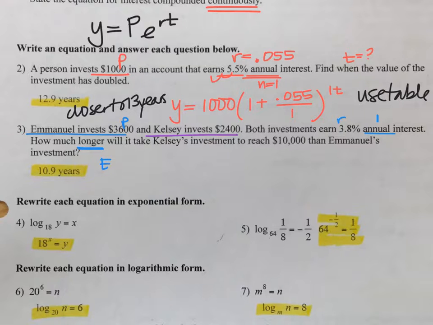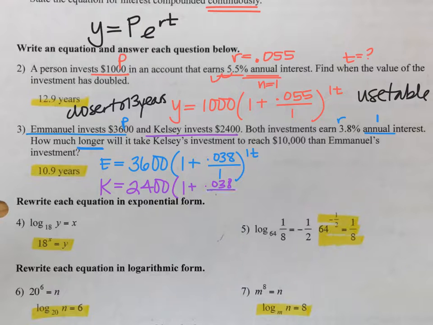For Emmanuel, I'm going to write the equation 3,600(1 + 0.038/1)^(1t). Remember, always move the decimal on your percentage. Then for Kelsey's, I'm going to have 2,400(1 + 0.038/1)^(1t). Remember, the only thing different is how much they're investing.